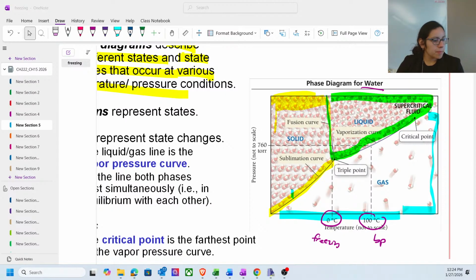But let's see, I forgot to pull up our picture. Because really the whole point of the critical point is it's this special state of matter, where it's like a phase between a gas and a liquid. I did not think about pulling up the image.